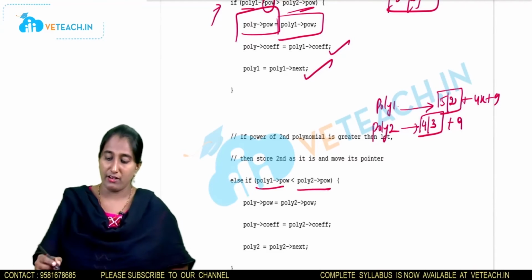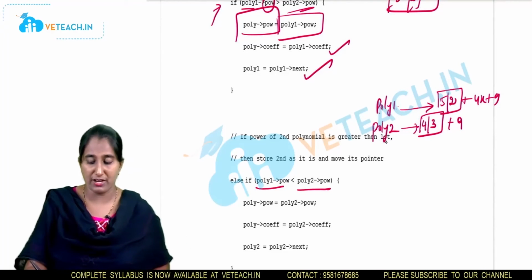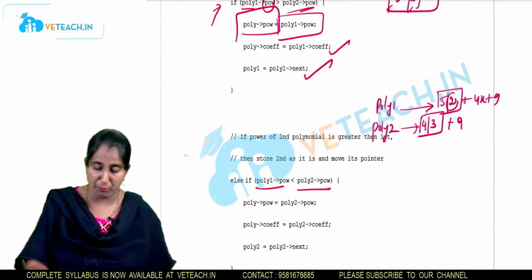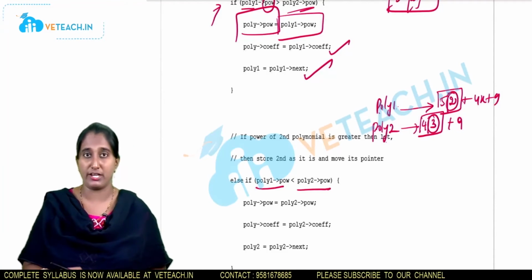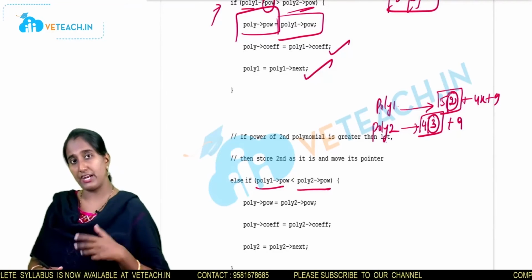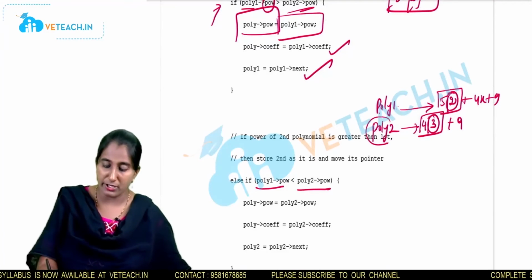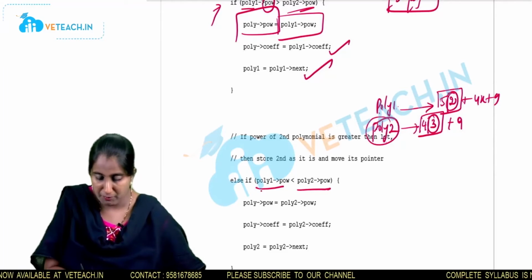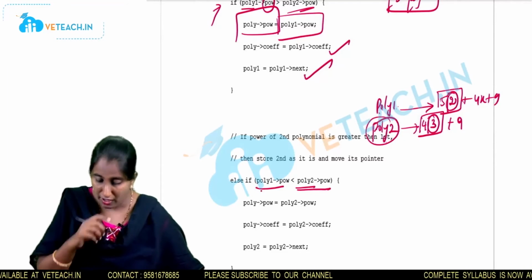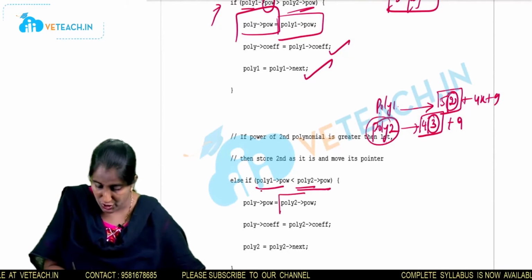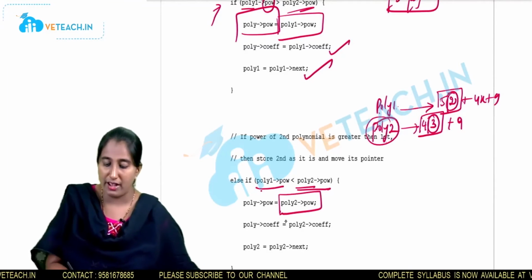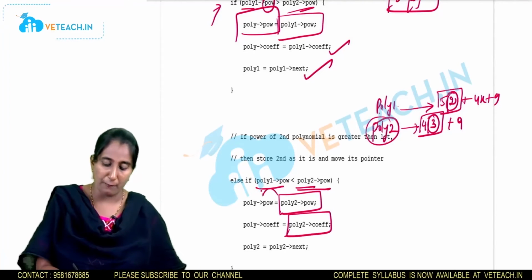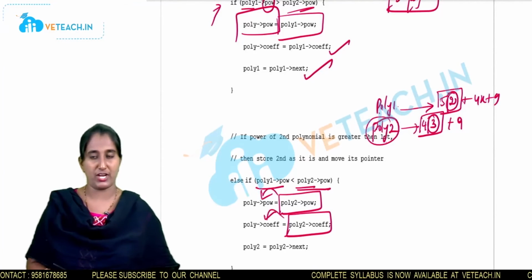Okay. Whenever you consider poly 1 and poly 2 differently, if poly 1 power is less than poly 2 power, then who will be carried to the output? The poly 2 will be carried to the output. If poly 1 power is less than poly 2 power, we should carry the poly 2 power and at the same time the poly 2 coefficient.